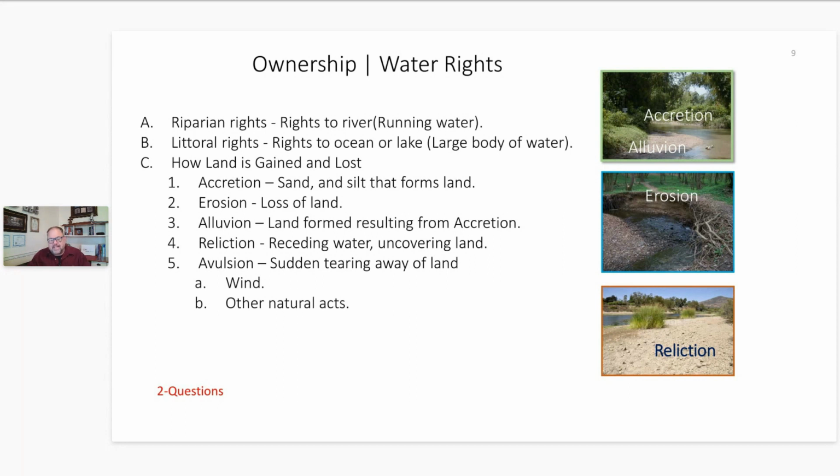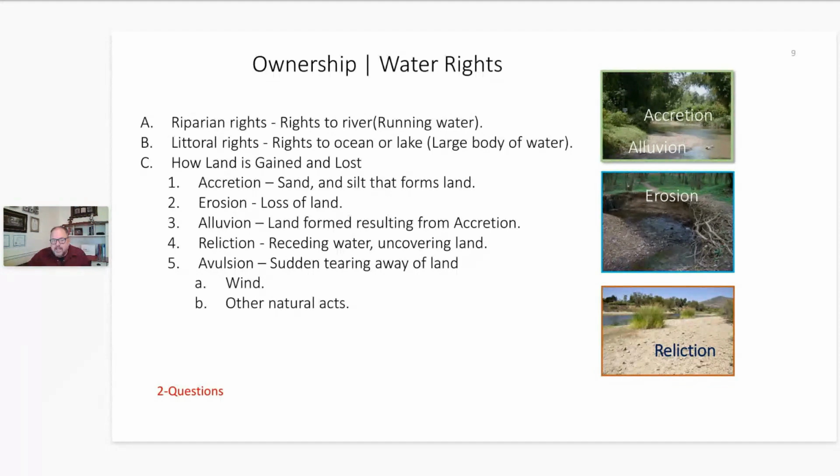How land is gained and lost. Another big section. Again, you have to go back and look at yourself. Do I have riparian rights or littoral rights, depending on what kind of body of water I have waterfront access to or waterfront ownership? But it doesn't matter if it's a lake or river. What we're looking at here is how land is gained and lost to waterfront property.